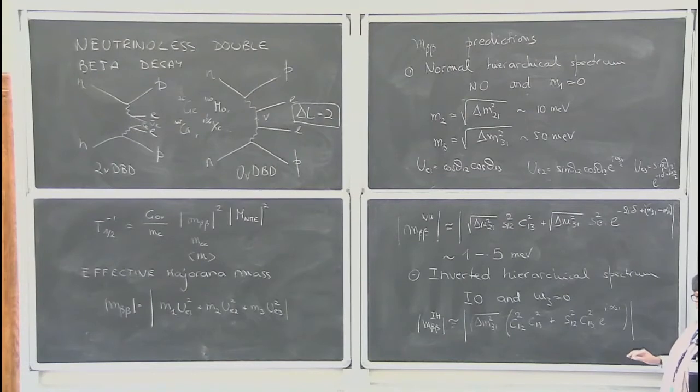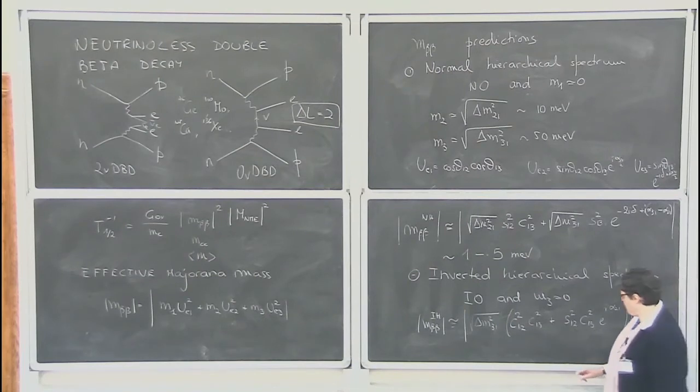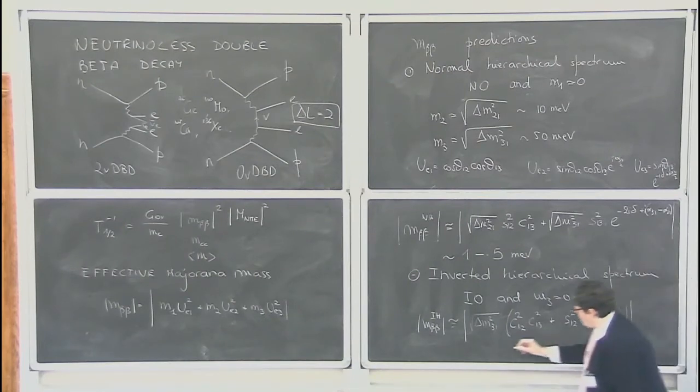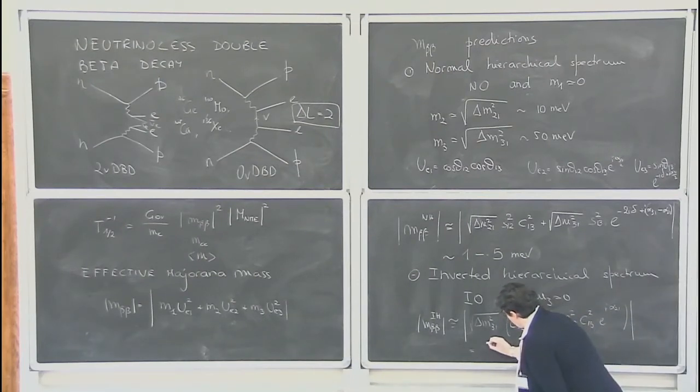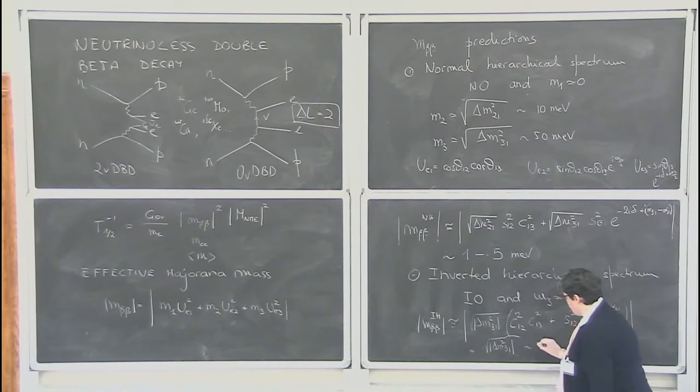And again, I can find the two extreme values. So when alpha 2, 1 is 0, I have the sum. So I will have simply the square root of the modulus of delta m squared 3, 1, which is around, as I said, 50 millielectron volts.